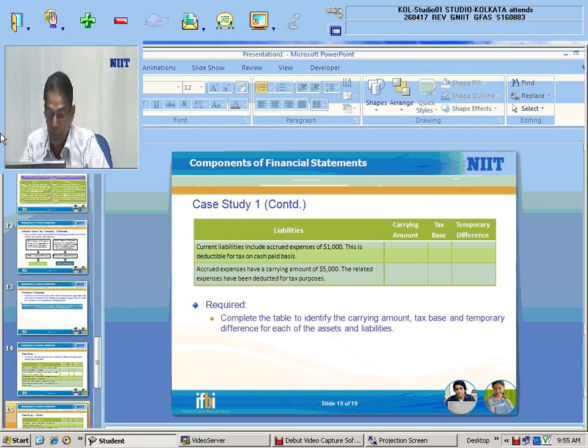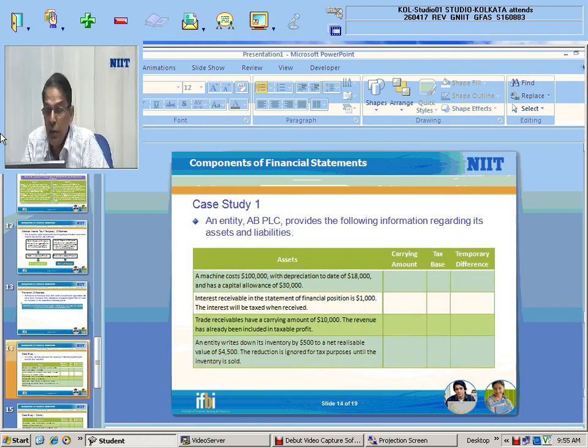Is this clear? So going back to the fourth one, which Dibba wants me to explain again. An entity writes down its inventory by $500 to a net realizable value of 4,500. Earlier the inventory was valued at 5,000.